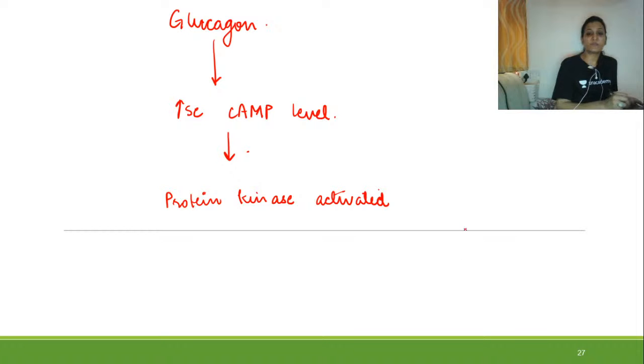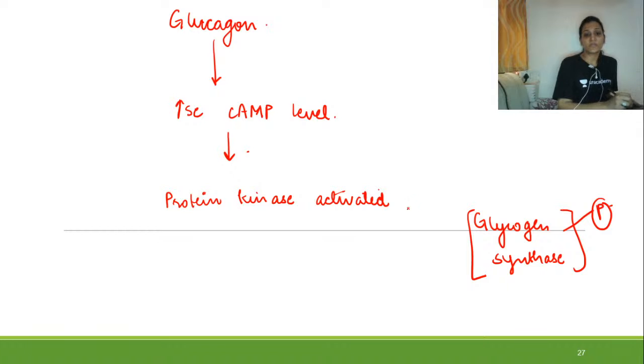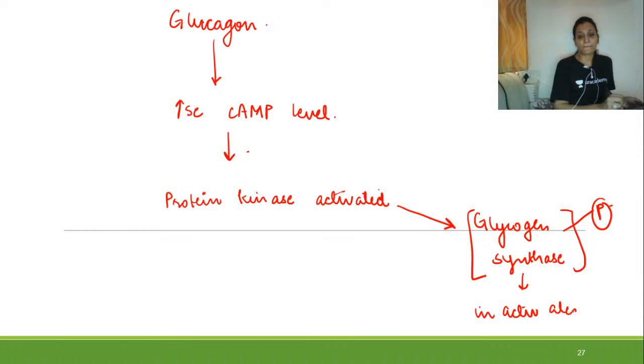Whenever there is phosphorylation of glycogen synthase, it is inactivated. The activated protein kinase will phosphorylate the glycogen synthase and inactivate it.